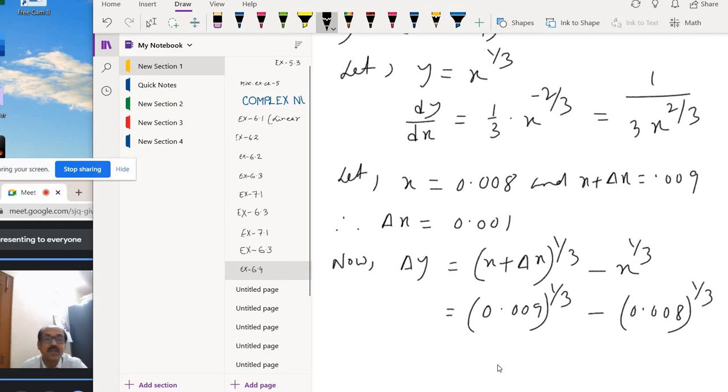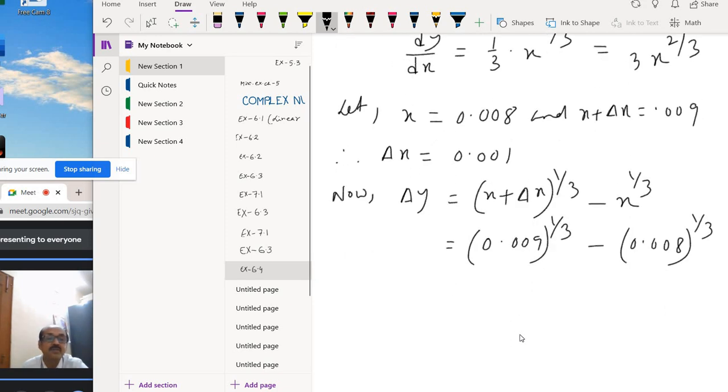And 0.008 means 0.2 whole cube, so the cube root is 0.2; 3 into 1/3 cancel.